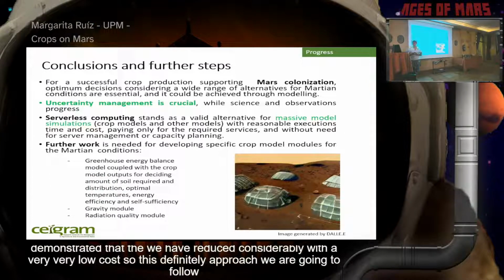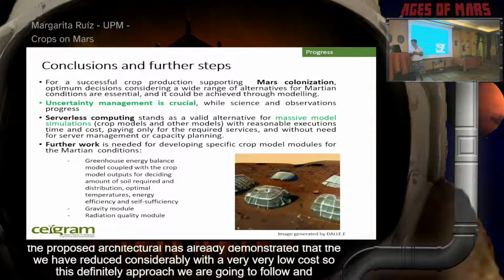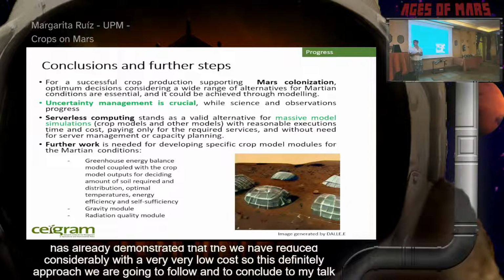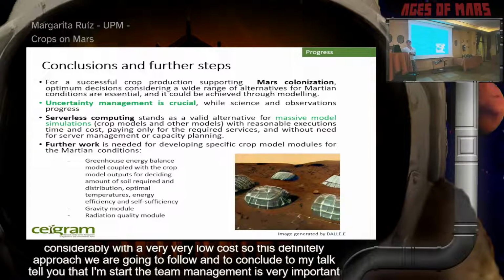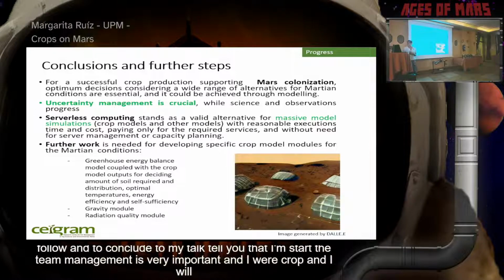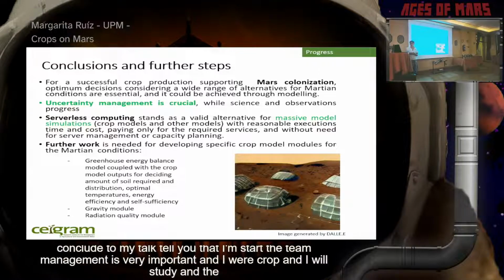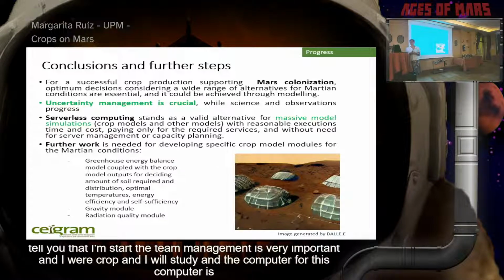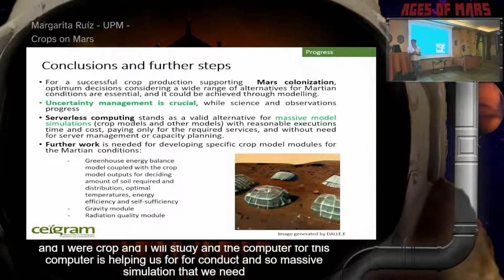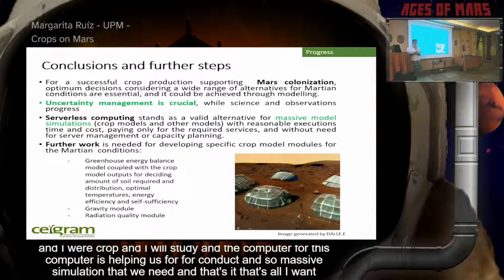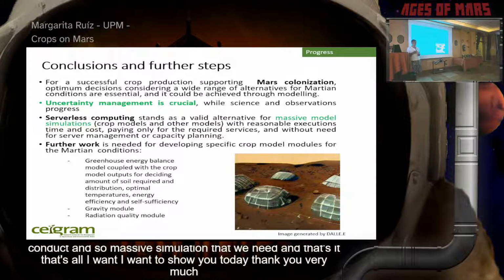And just to conclude my talk, I want to tell you that uncertainty management is very important in our crop study, and serverless computing is helping us conduct the massive simulations that we need. That's all I want to show you today. Thank you very much for your attention.